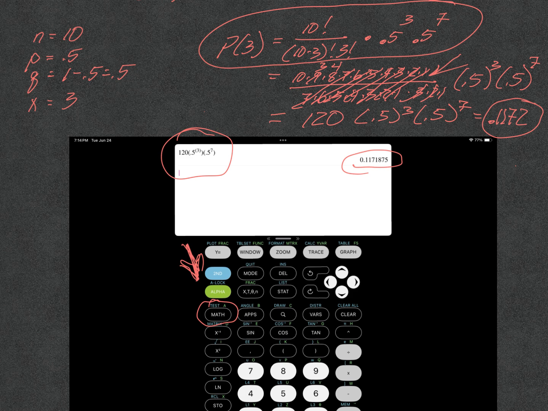And then you would arrow over to the probability menu, and you will see the factorial there. You can use that, and then you could take 10 factorial divided by, and then put in parentheses 7 factorial times 3 factorial.